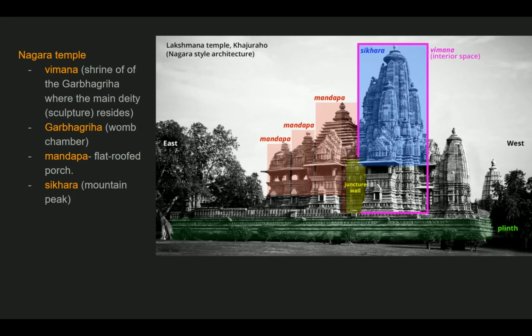So what do I mean by that? Think back to the Pantheon and the Greek elements of a temple and how you would enter the cella to commune with the patron deity of this temple. Similar concept here, where the womb chamber would house the main god that you were trying to commune with.